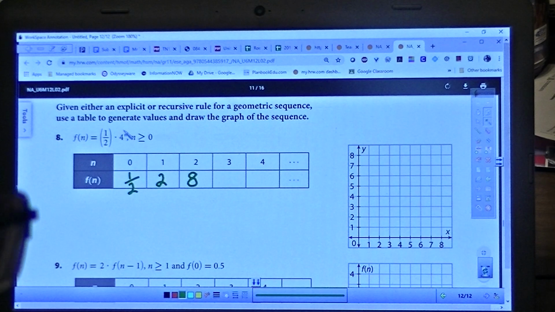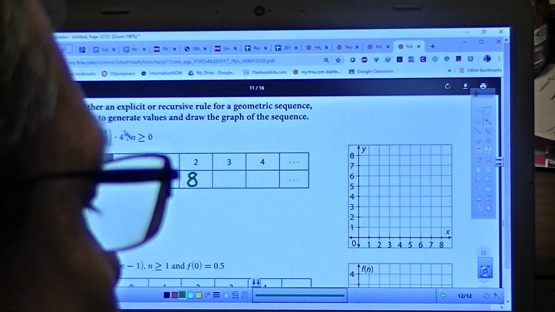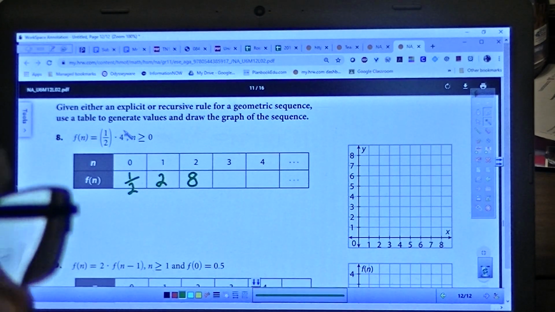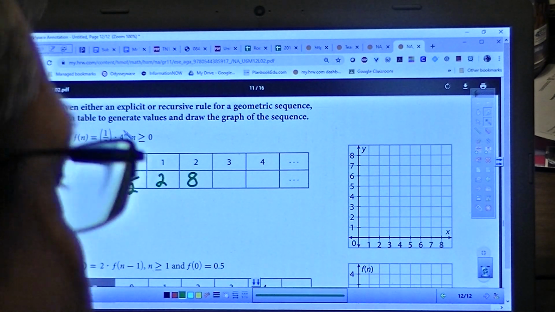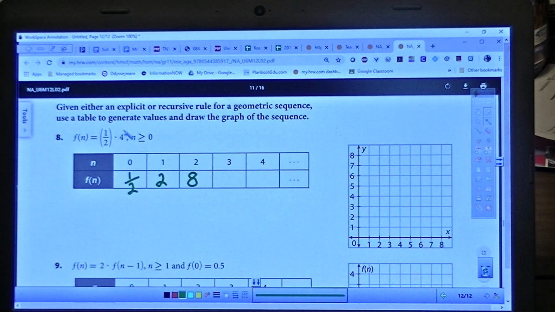Let me double-check with my handy calculator so I'm not getting all crazy. Yeah, that's 64, and half of that is 32. I'm sorry, I said times 2 a while ago. That should be times 4, which is 32. And then times 4 again.